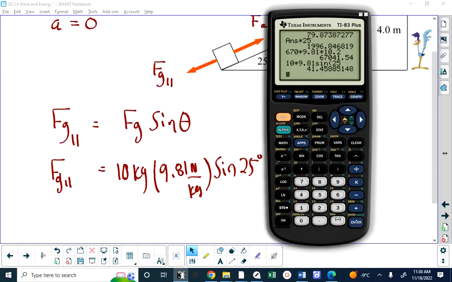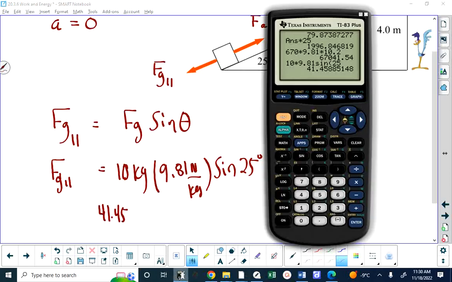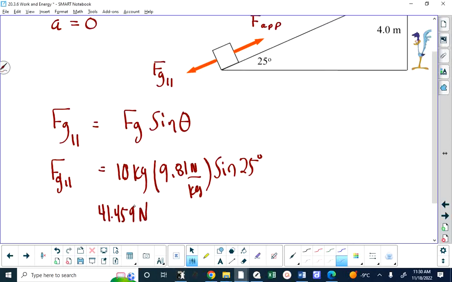About 41.459 newtons. Are you getting the same number?